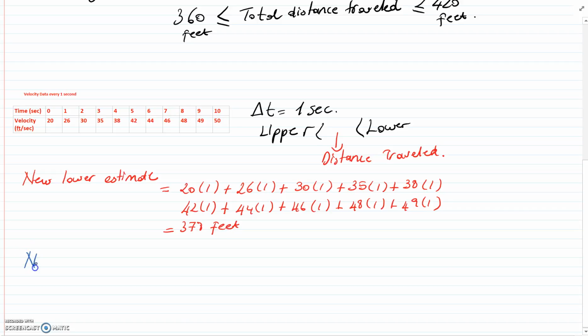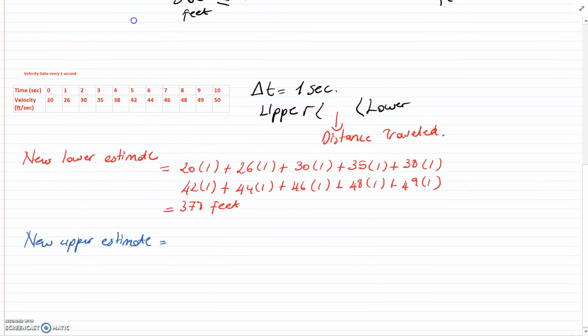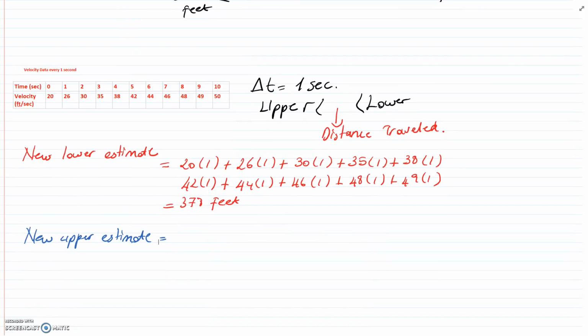Now, new upper estimate. Okay, according to this table, I'm not going to start with 20. I'm going to start with t equals 1, not t equals 0, because this is what we've done in the top example, the example before. But then we are going to go till 50 instead of 49.